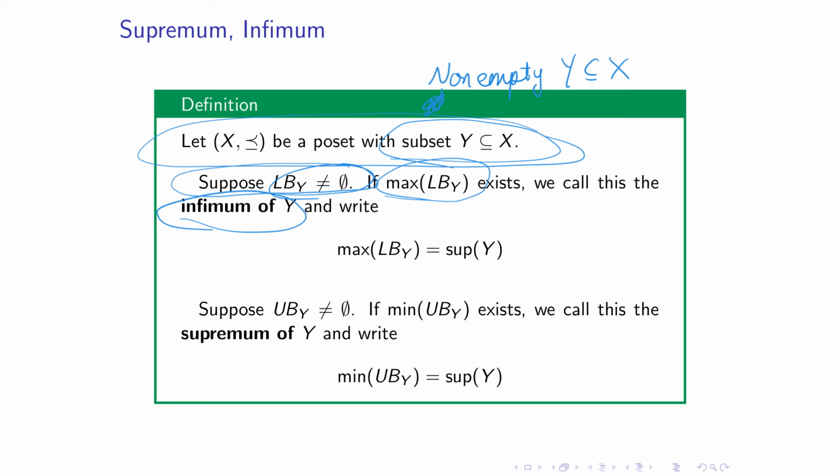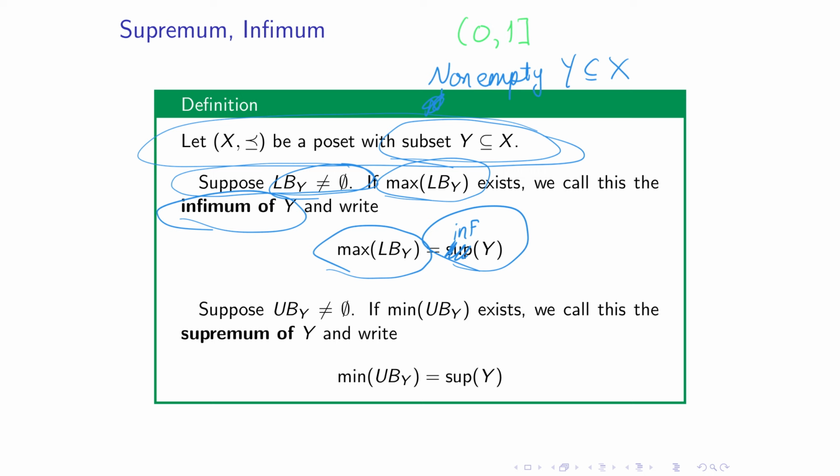There's some mistake here. That should be inf, I don't know how that happened, but okay. So the max of the set of lower bounds is called the inf. Try to appreciate that intuitively. For instance, if you're thinking about this example, which I'm sure I write later on, but let's just see it right now.